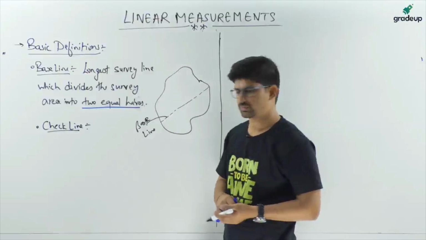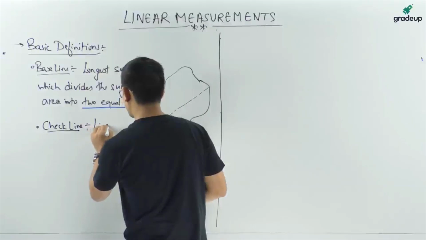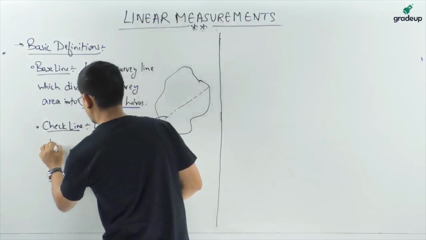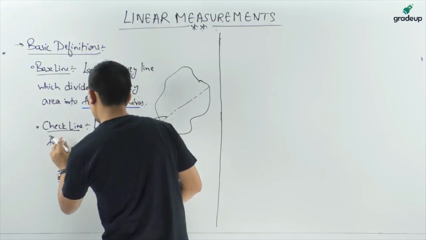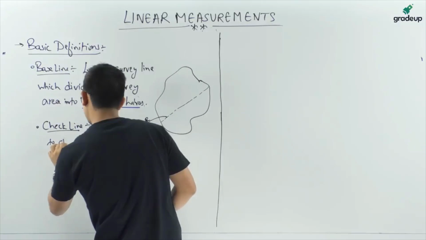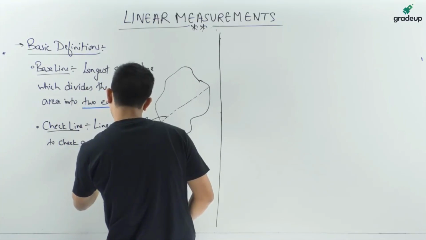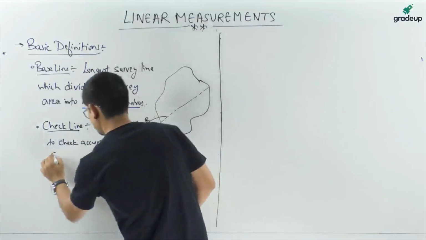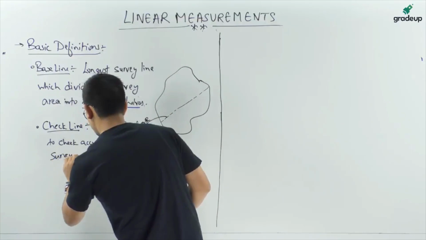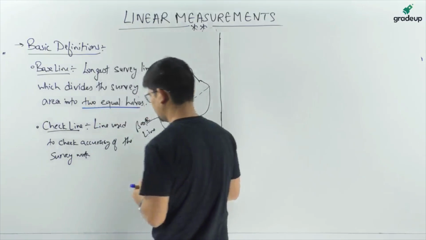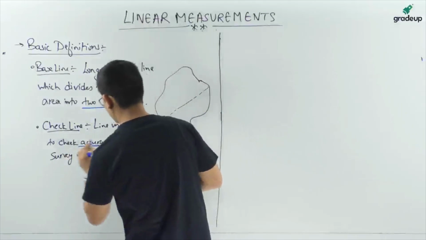You check the accuracy of the survey. So the line used to check accuracy of the survey work. Okay, so this checks the accuracy.